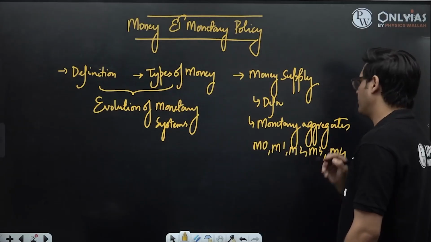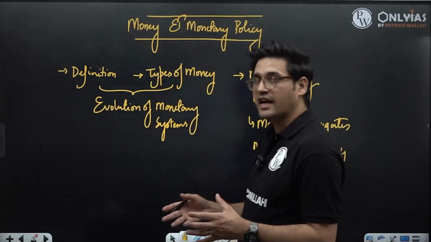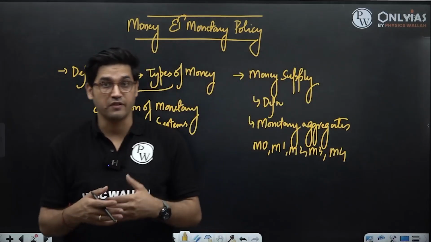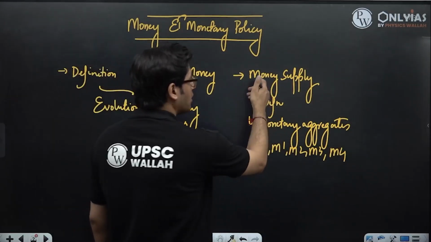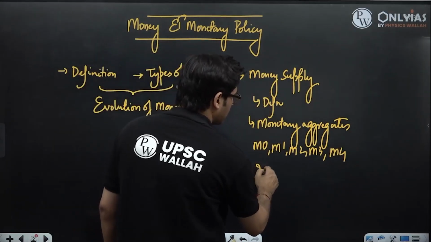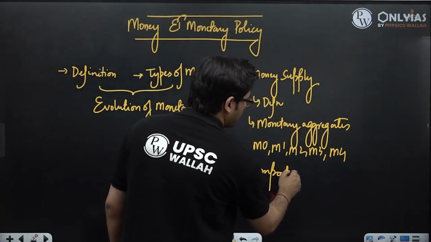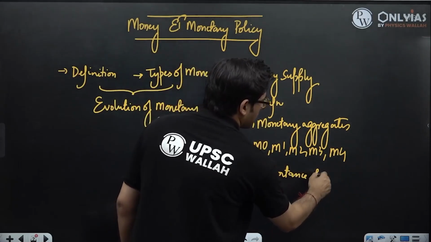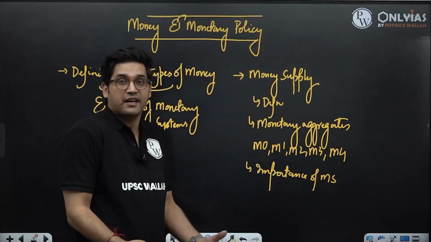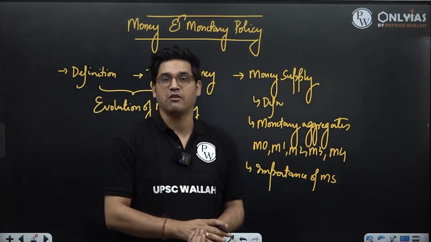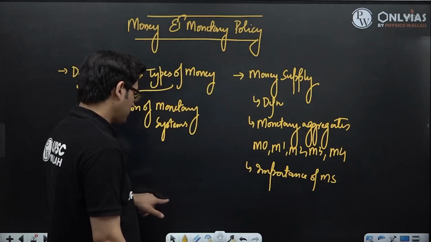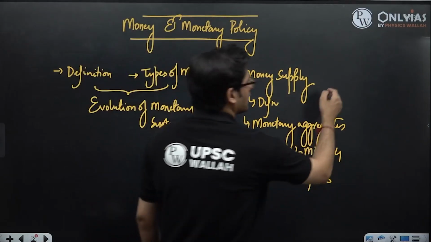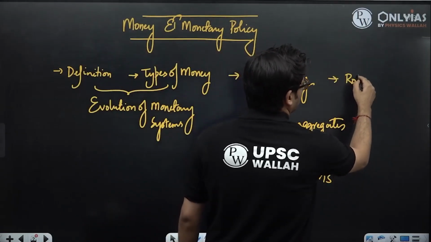What is M4? All of these aggregates, monetary aggregates, we will have to discuss in detail. Thereafter, we will have to understand the importance of money supply. Why is it that we study about money supply? Why is it important?